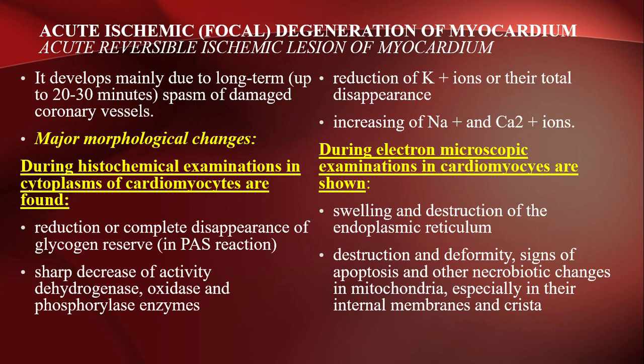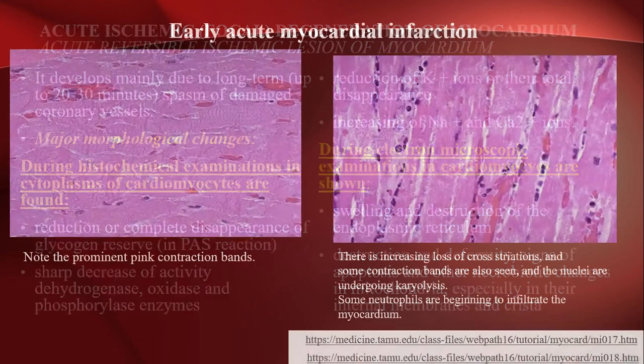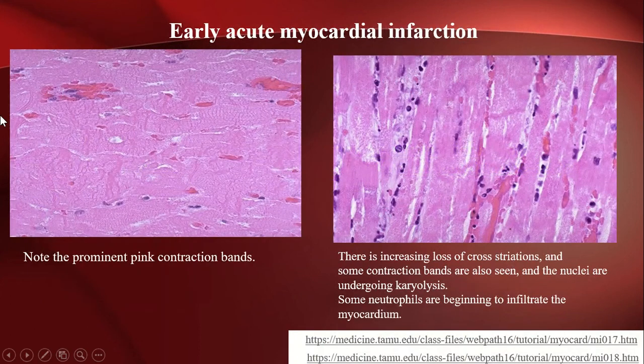During electron microscopic examinations in cardiac muscle cells are shown swelling and destruction of the endoplasmic reticulum, destruction and deformity, signs of apoptosis and other necrobiotic change in mitochondria, especially in their internal membranes and cristae. In this slide, we see the early acute myocardial infarction.